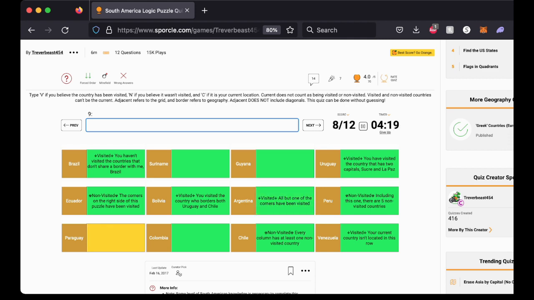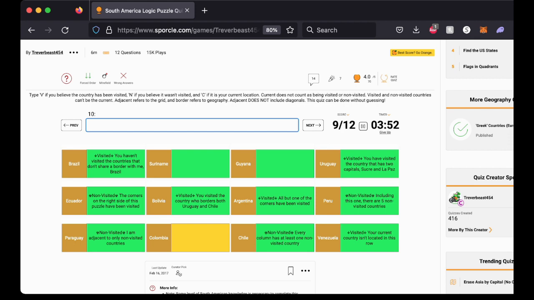Okay. All but one of the corners have been visited. Alright, so visited, visited, visited. So then Paraguay would be non-visited. I am adjacent to only non-visited countries.